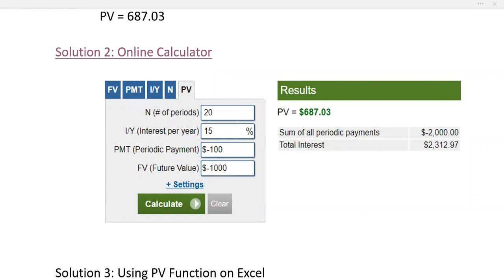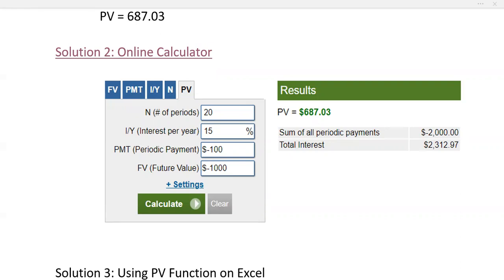When you go to the website of calculator.net, this is what you will see, and you'll be looking for the finance calculators. Enter the data: it's 20 years, and the interest rate here is 15% per year. We enter the periodic payment as minus 100, and your future value is minus 1,000.